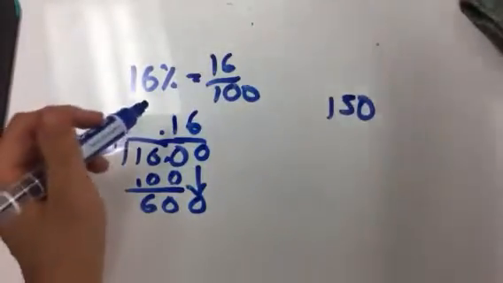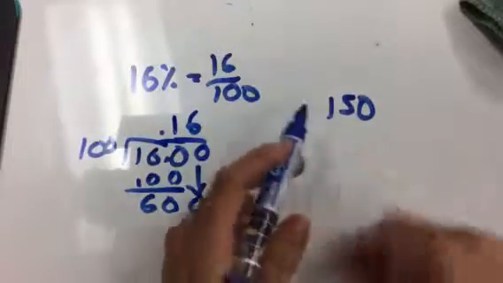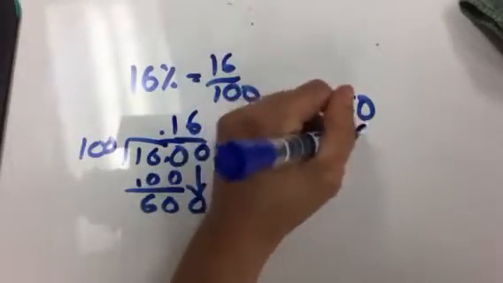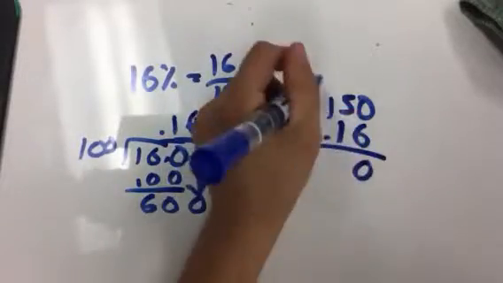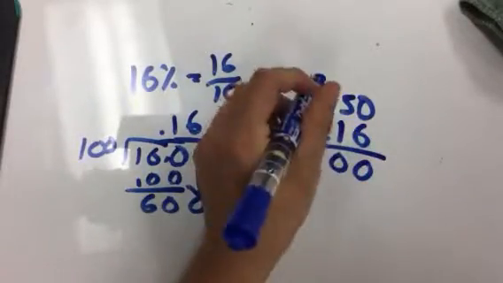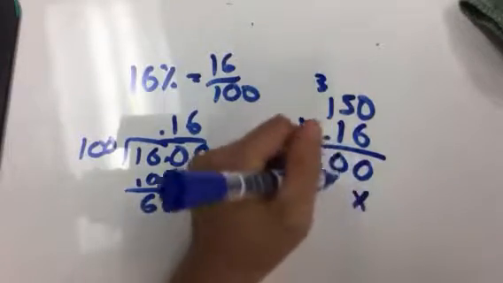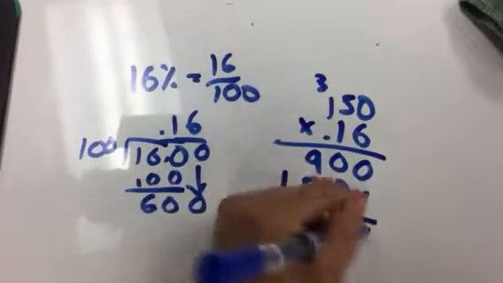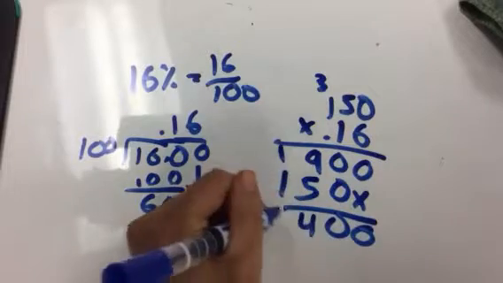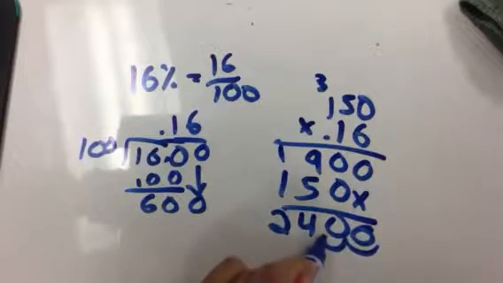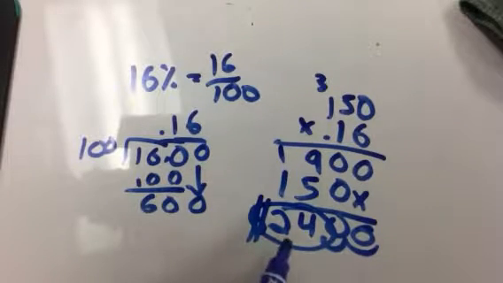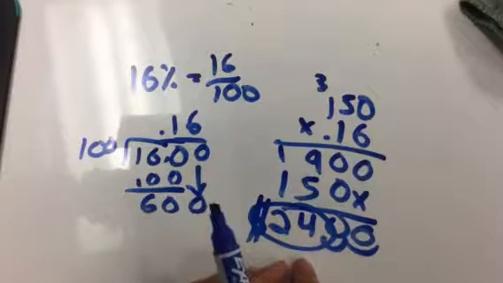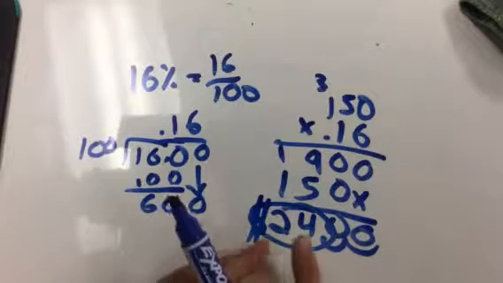Then I multiply 0.16 by 150, because that's how much we're taking out. I move my decimal over 2 places to the left. And so I know that 16% of $150 is $24. And so Adam gave his sister $24.